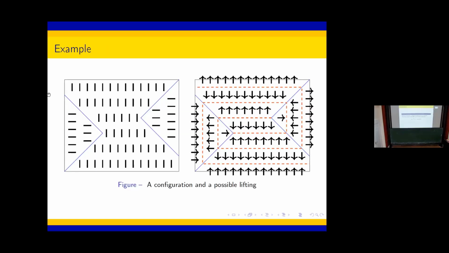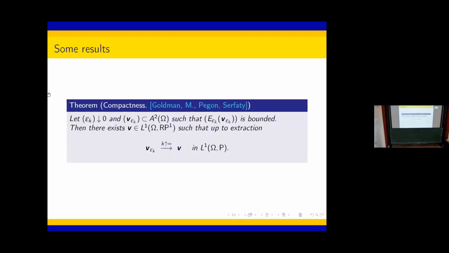Okay, so well, before going further, I want to justify why we are looking for the gamma limit, because we have a compactness result when I consider an equibounded sequence of configurations with equibounded energies, and up to extraction in L1, I have convergence in L1 towards something which has values in the P, and in fact V is, since the convergence is in L1, I have a strong convergence almost everywhere.